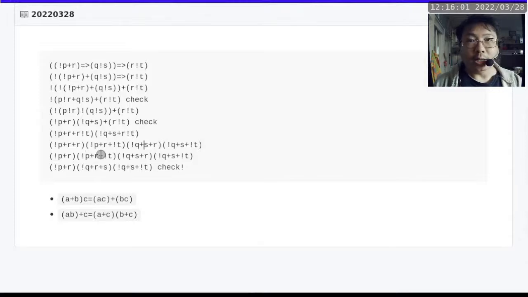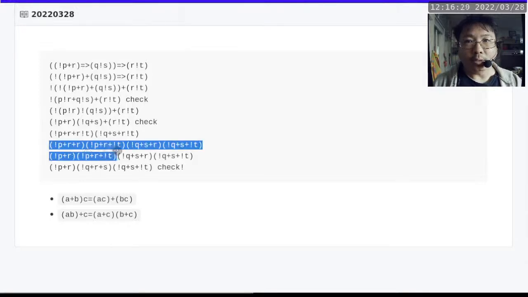So that's why not P or R or not T is simplified out. And then here there's another simplification. Not P or R is just not P or R. Okay, so that's how we can do two simplifications, and basically the bottom line is this entire thing over here simplifies to just not P or R.